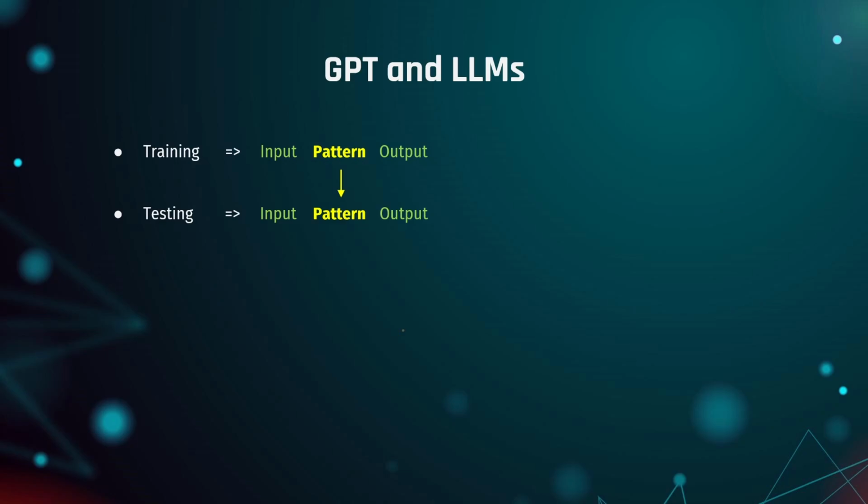And this particular process of training, we said, we know it as supervised learning, right? Where we specifically show our model that if this is my input then this will be the corresponding output, right? And the model based on the input and output figures out the pattern which it uses during the testing phase, right?